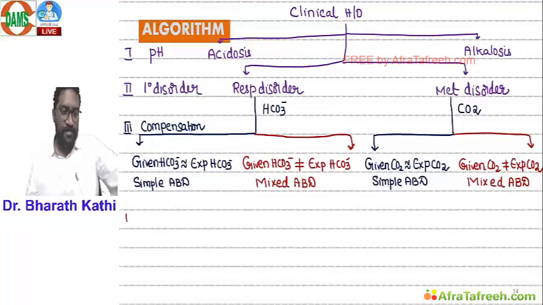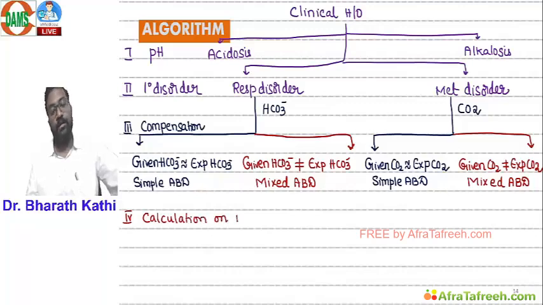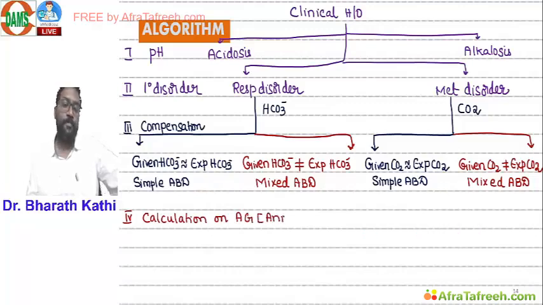After this, next step will be fourth step, calculation of anion gap. Anion gap in blood. Very important step.